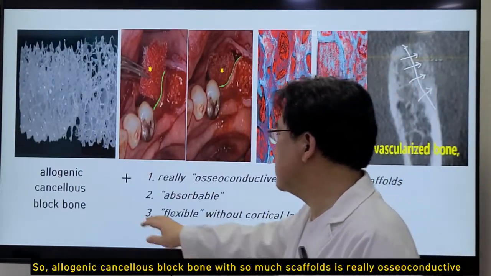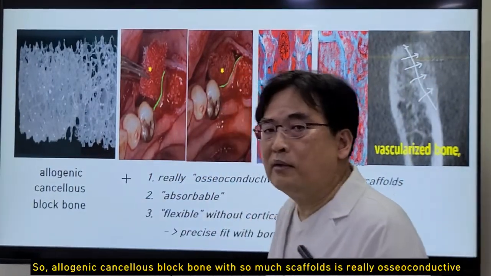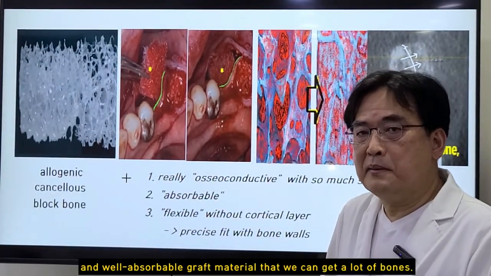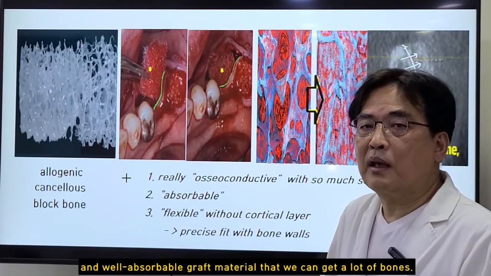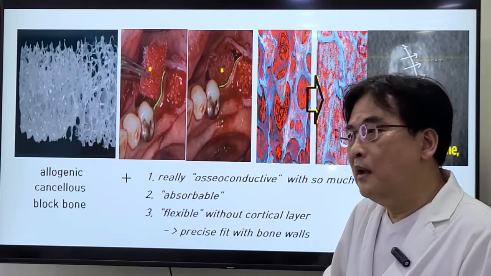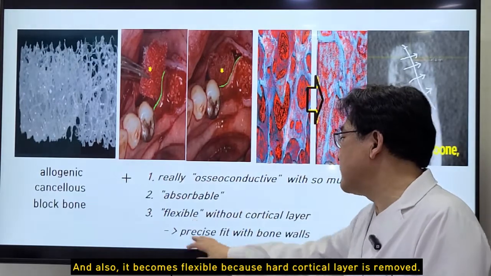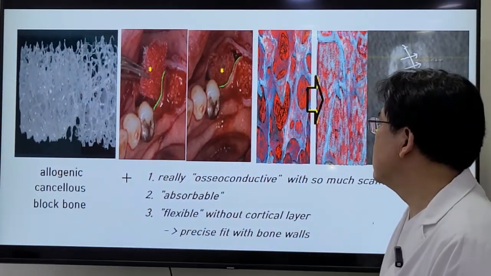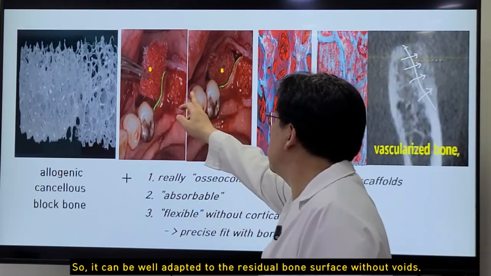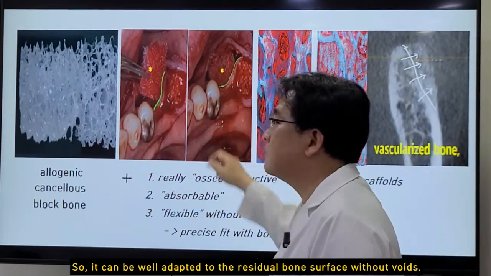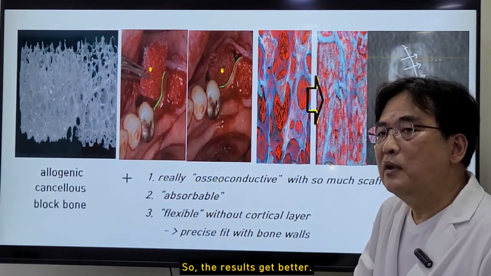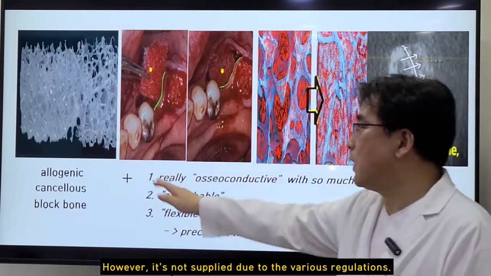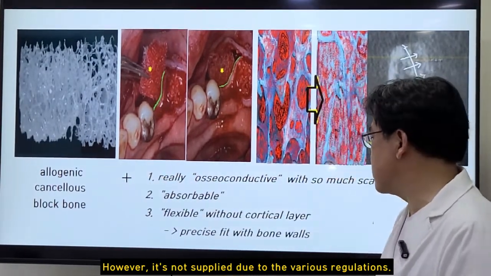So, allogenic cancellous block bone with so much scaffold is really osteoconductive and a well-osteoconductive graft material from which we can get lots of bone. And it also becomes flexible because the hard cortical layer is removed, so it can be well adapted to the residual bone surface without voids. So the results get better. However, it's not supplied due to various regulations.